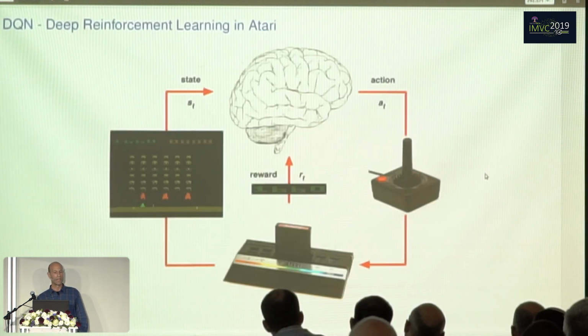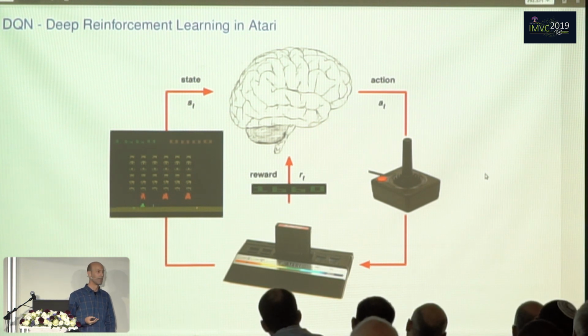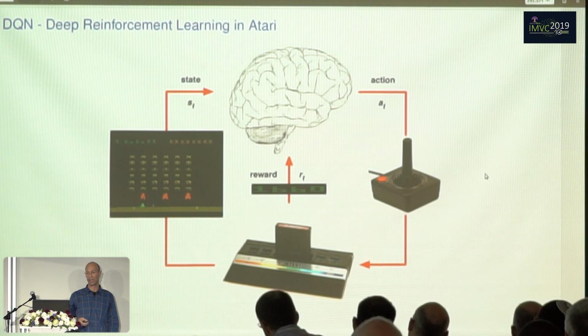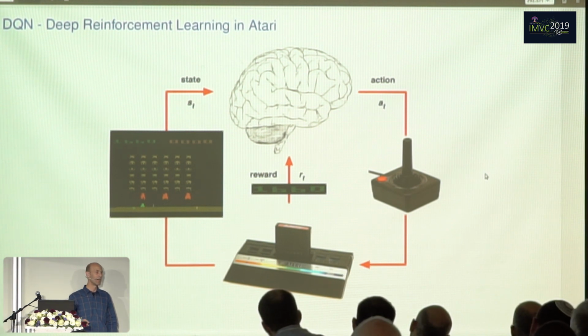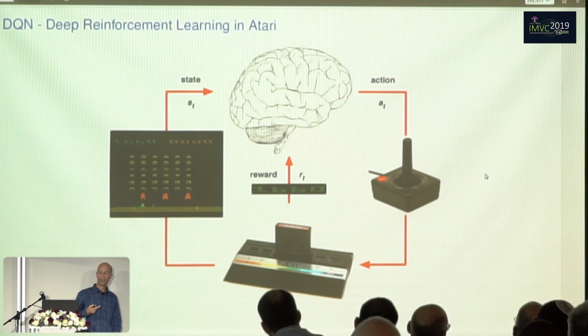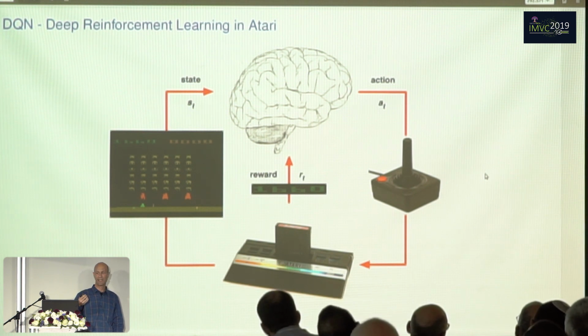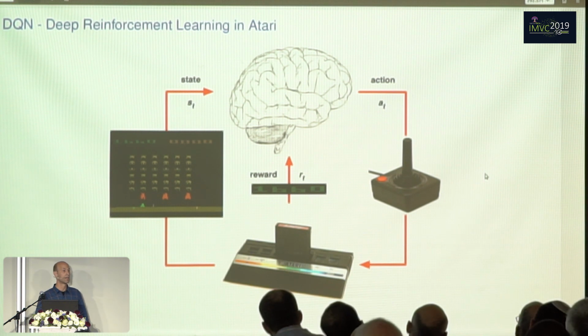A more recent result is an agent called DQN, which is a deep reinforcement learning agent that plays Atari. The agent here is represented as a brain that can output actions, joystick actions, which are then sent to the Atari emulator, which returns a state representation as the screen pixels and the current score as the reward.